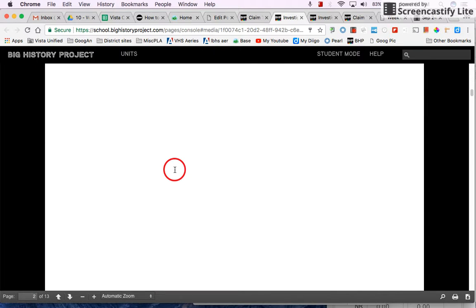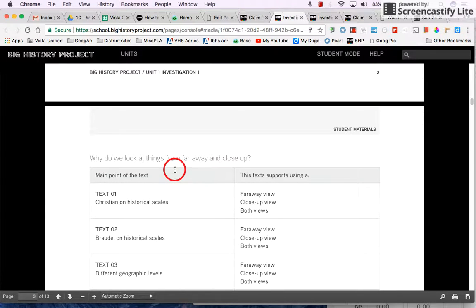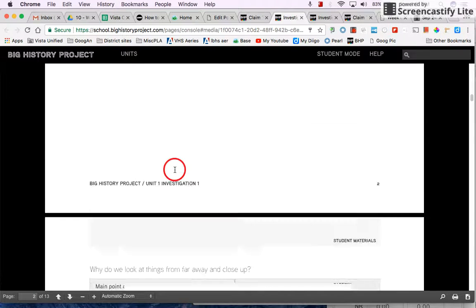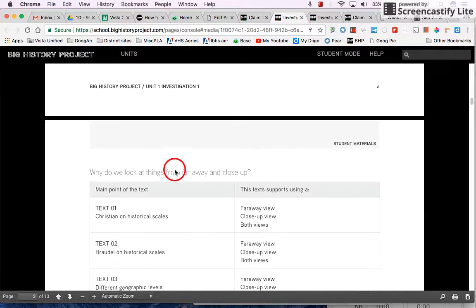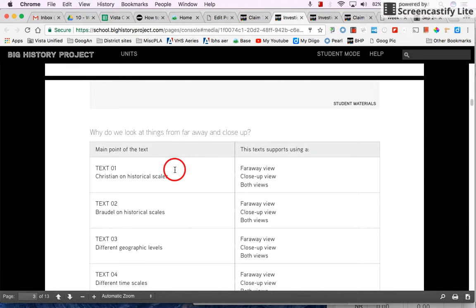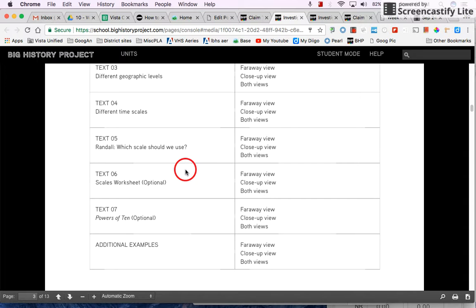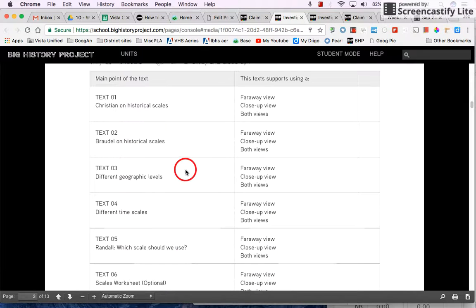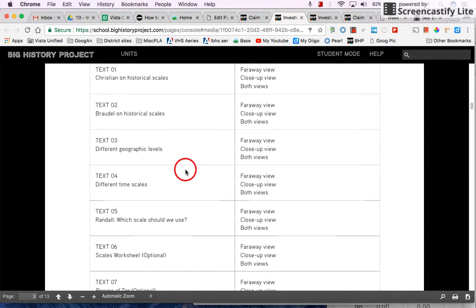Okay, so what you're going to find after you read through that is that the purpose and process is going to tell you how to move through this activity. So you absolutely should read it. But there are 7 texts, okay, that you will have in this packet.